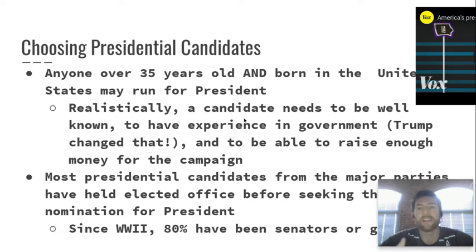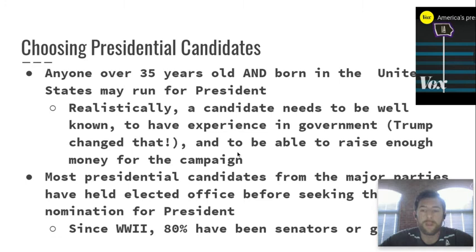Ideally, the candidate needs to be well known, someone with a lot of popularity who has experience in government. Now, as we know, Trump kind of changed that. He proved that you don't necessarily need a government background to not only run for president but win the election, which he did against Hillary Clinton in 2016.